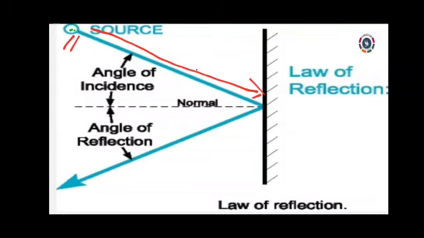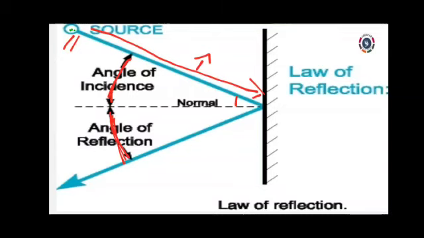This is called the incident ray. Here one angle is formed, that is the angle of incidence. So the first law is that the angle of incidence is equal to the angle of reflection. Can you get my point? Yes, that's the first law. Easy.